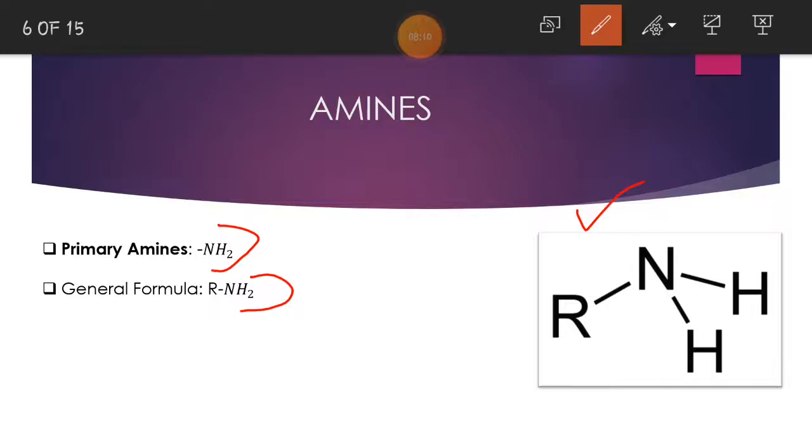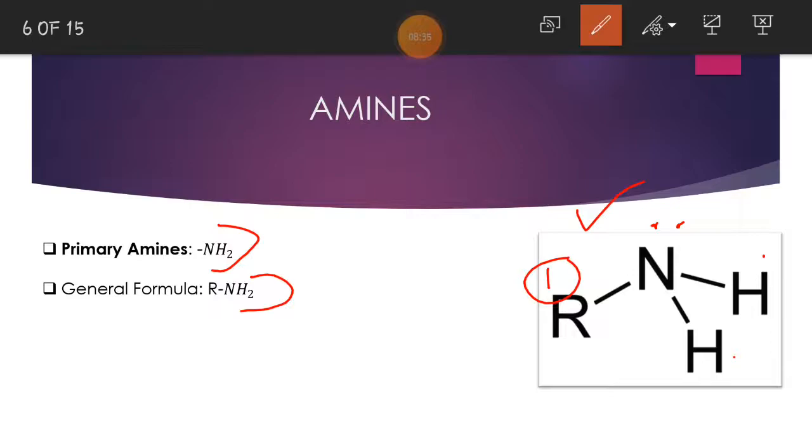So therefore it shares 3 electrons in its valence shell to form 3 more bonds. Nitrogen has a lone pair on it as well. Now in the primary amine, nitrogen atom is attached to only one alkyl group. The rest 2 bonds that nitrogen atom forms is with the hydrogen atoms.